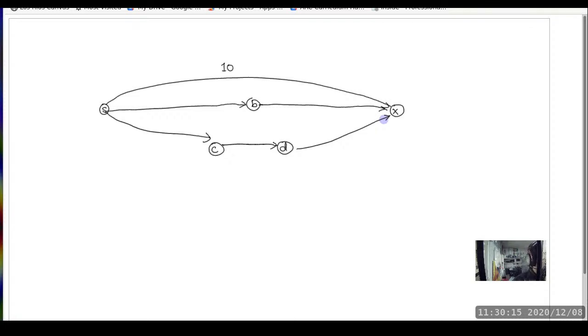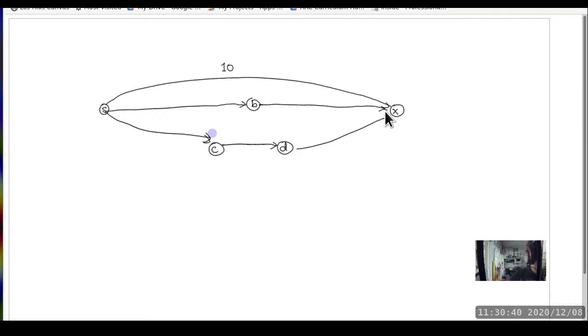So we want the shortest path to be S to C to D and then to X. In other words, we want this path here to be the shortest path, but we want to trick the algorithm into thinking the other paths are shortest, so that it goes, oh man, this doesn't work out. Now we have to go explore that.